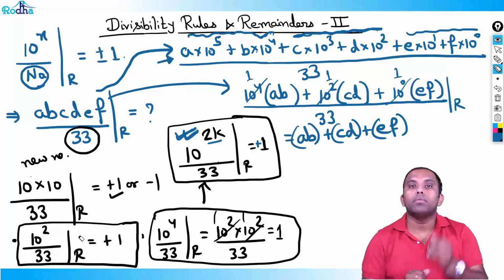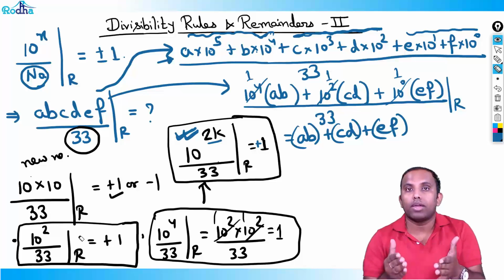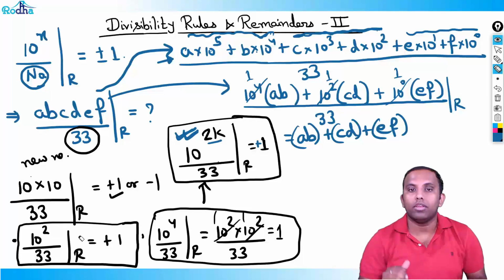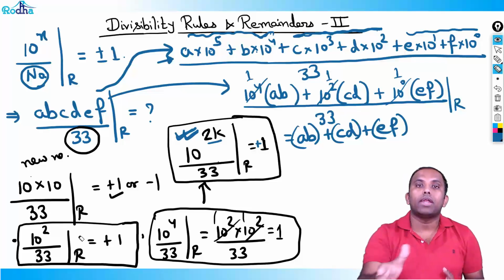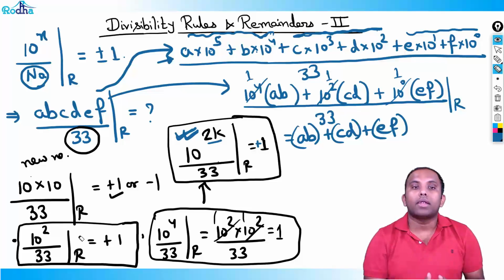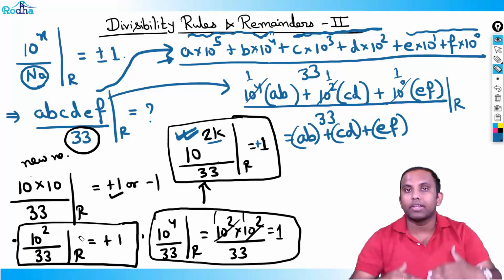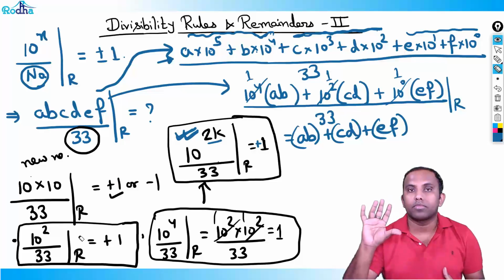So every multiple of 10 square will give me a remainder of plus 1, because if 10 square by 33 remainder is plus 1, then 10 raised to 4 divided by 33 remainder is also plus 1. That means every multiple of 10 square, that means 10 raised to 2k, divided by 33, remainder is plus 1 only, right?